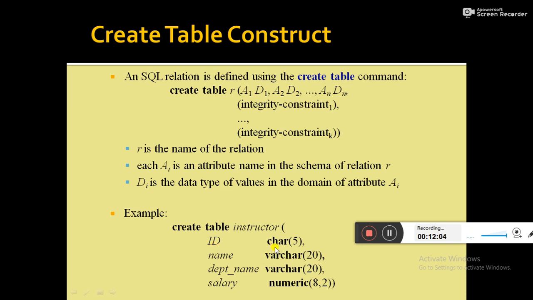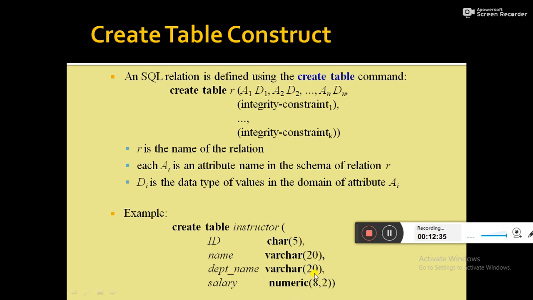Here I have defined the ID data type as char(5), which specifies that ID can store a string of maximum 5 characters. Then comma, then we define the next attribute, name, with data type varchar and length 20, that means it can take at most 20 characters. Then department name, again varchar(20).